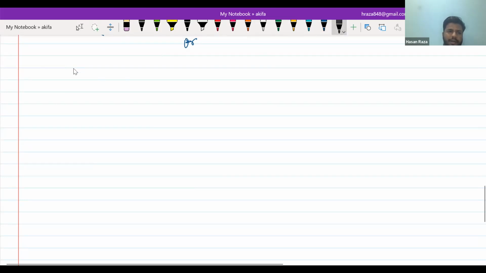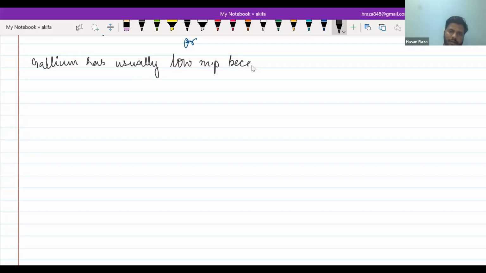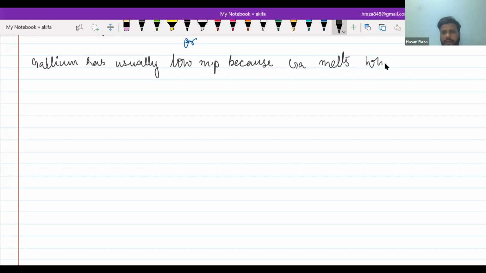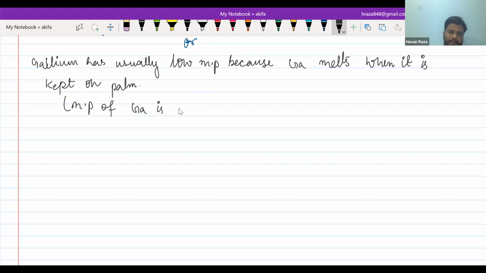So write about gallium. Gallium usually has a low melting point, because gallium melts when it is kept on the palm. The melting point of gallium is 30 degrees centigrade and body temperature is 32 degrees centigrade.